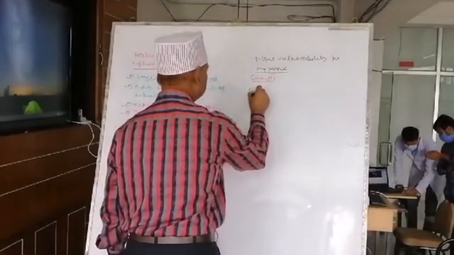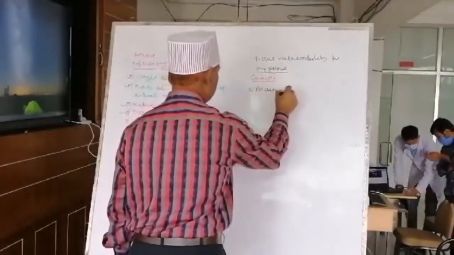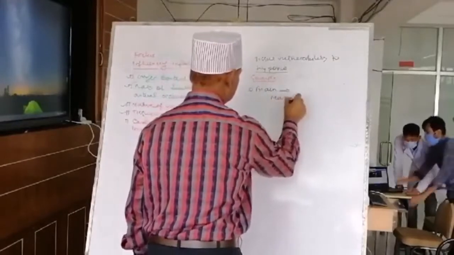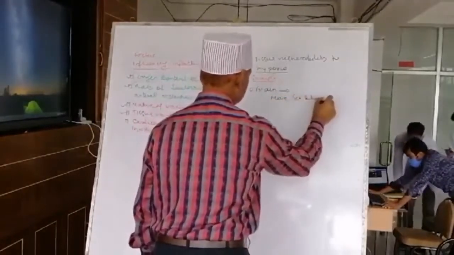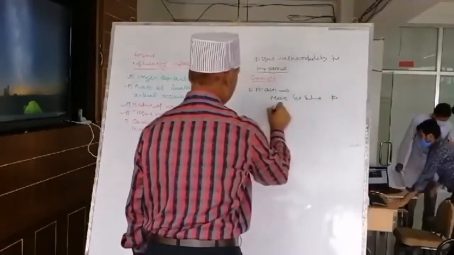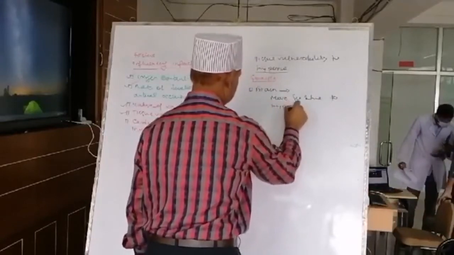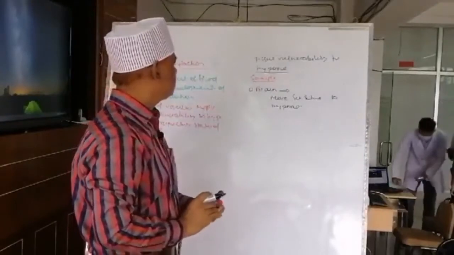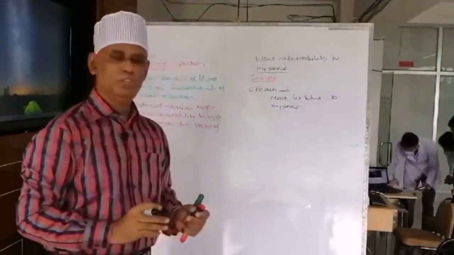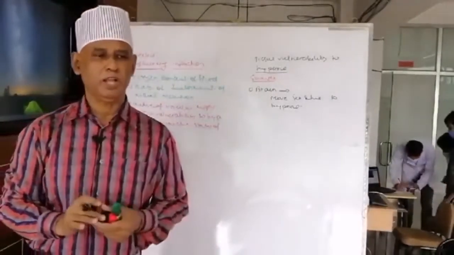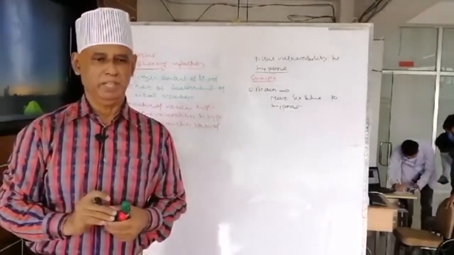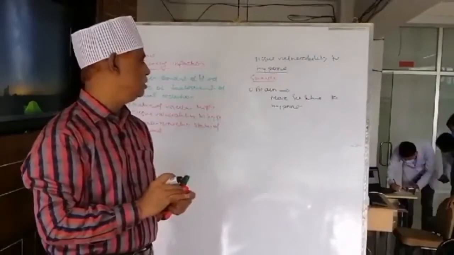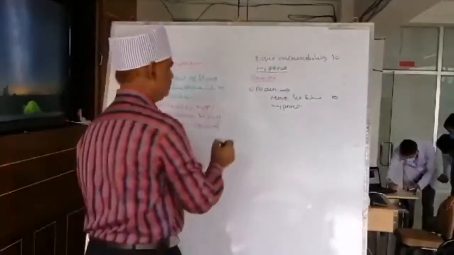Brain. Our brain is more sensitive to hypoxia. The brain cannot tolerate ischemia or any hypoxic condition for more than 5 minutes.